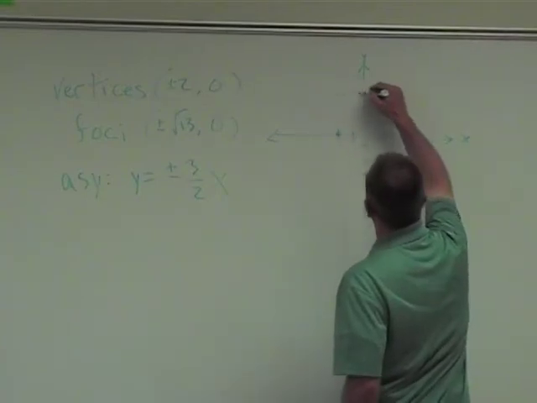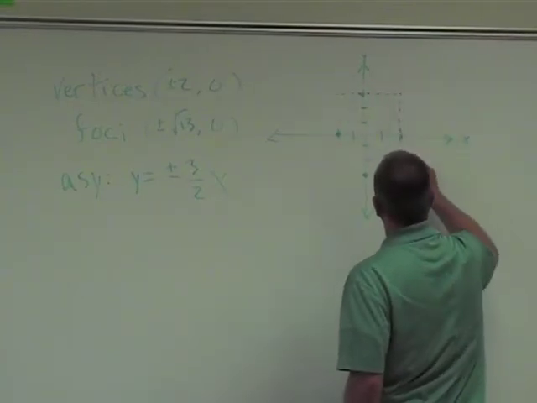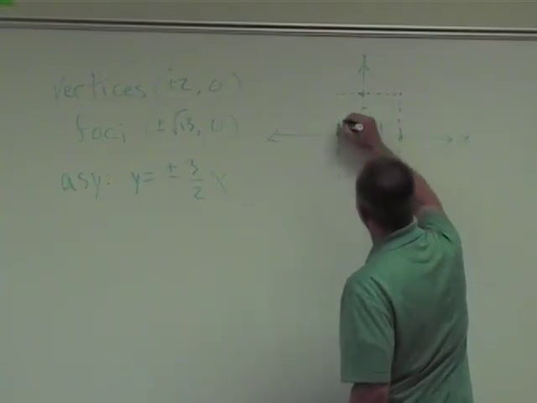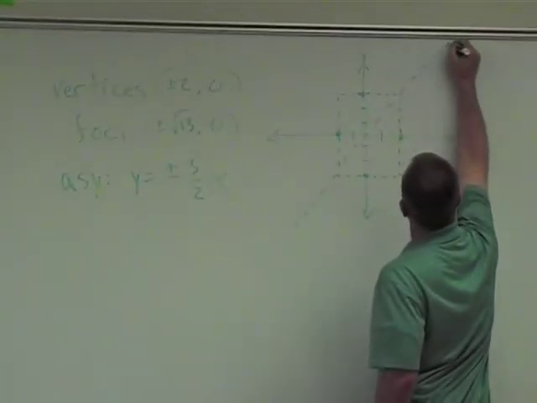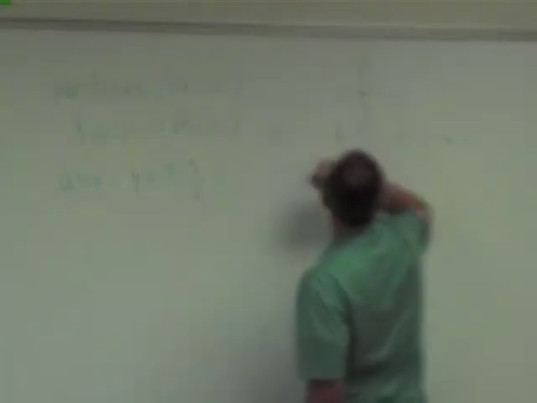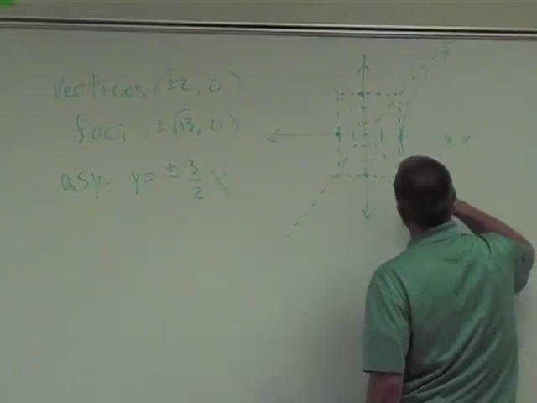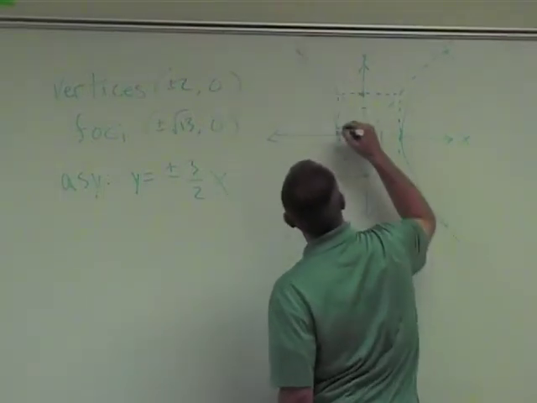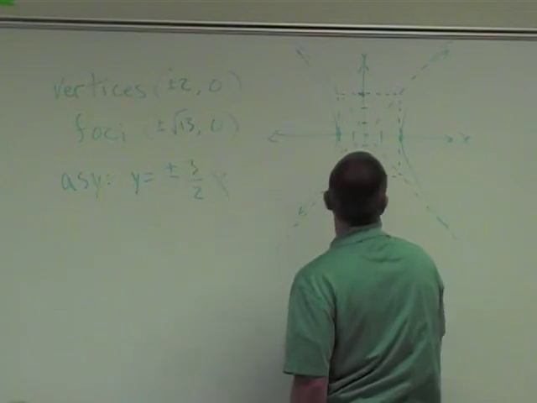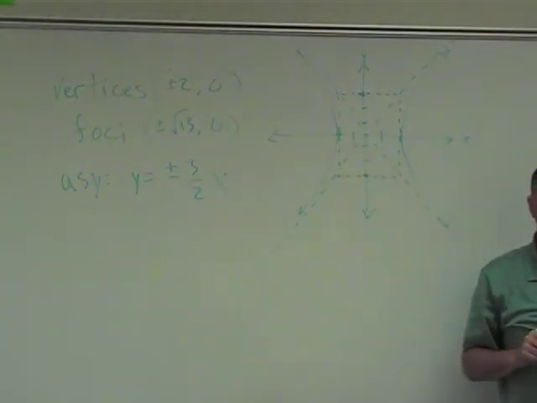So draw your rectangle and then draw your asymptotes. And then you can draw your hyperbola. But there's one more thing you've got to have: your foci. Yeah, you've got to put your foci in.